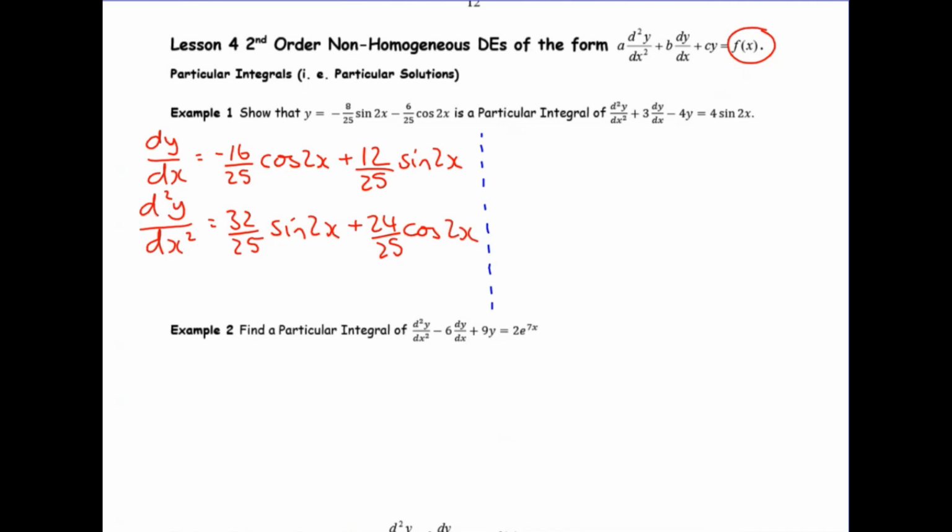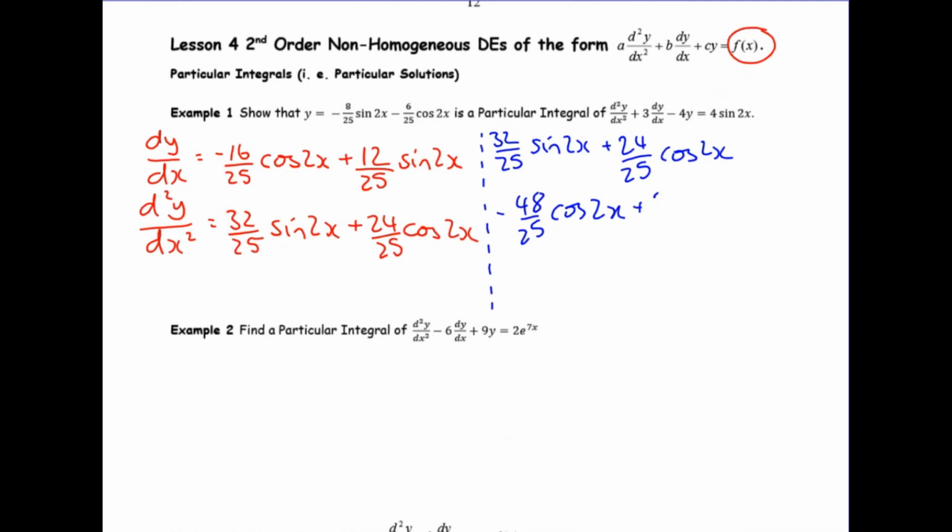So d squared y over dx squared I've got is 32 over 25 sine 2x plus 24 over 25 cos 2x. That's subbing into my d squared y over dx squared. And I've got 3 times dy by dx, so that's minus 48 over 25 cos 2x.